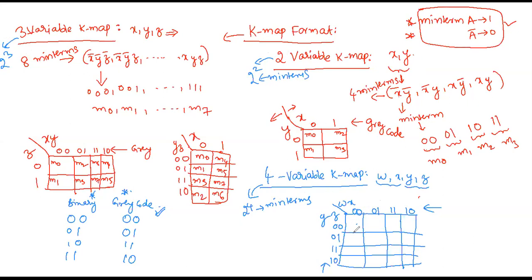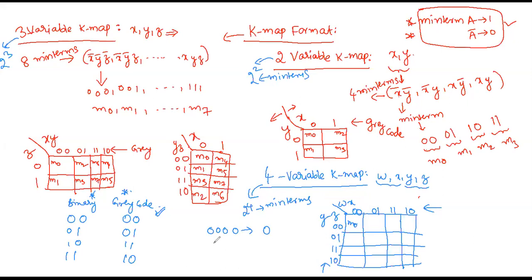Now, first identify the square cell. Identify the square cell value. Here 0000 indicates 0 only. So this is the M0 cell.